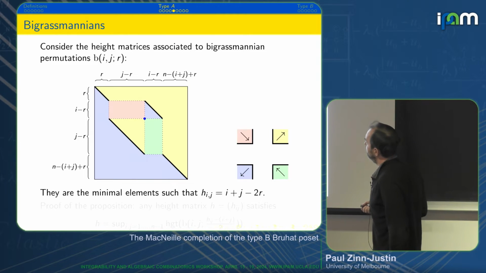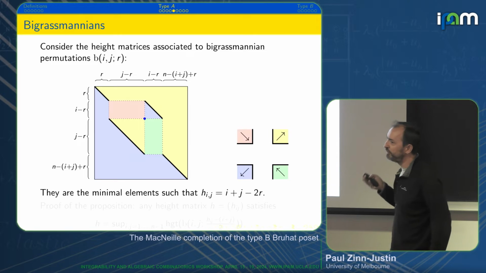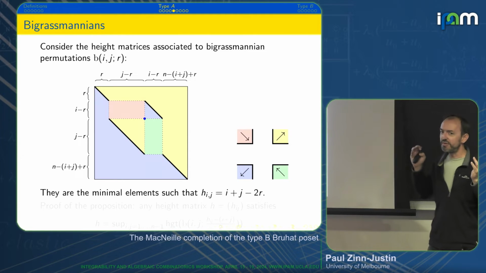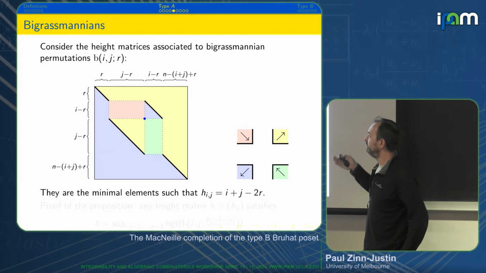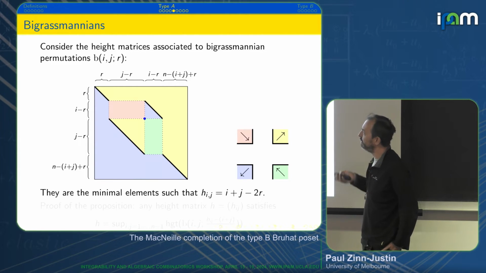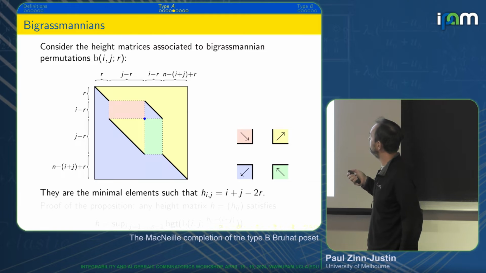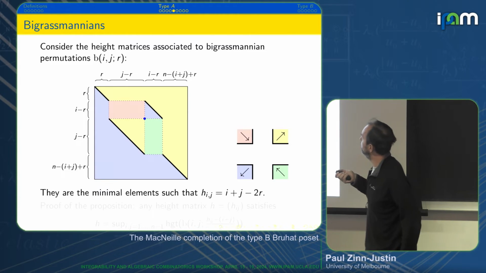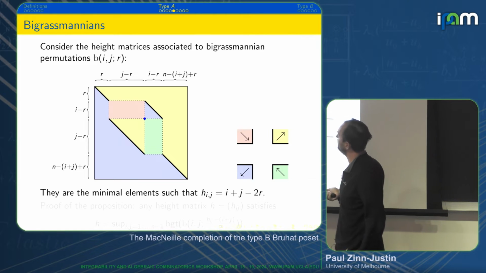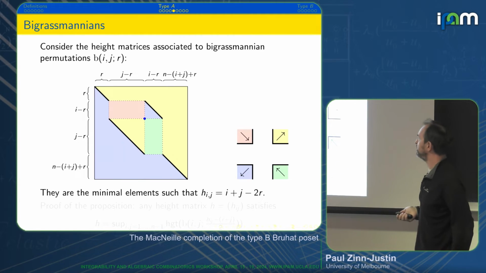And the way that Lascoux and Schützenberger do that, that's the notion of a base or basis, I'm not sure what the English word is, of a poset. You don't need every permutation matrix to do that. You only need a subset, which are these bi-Grassmannian permutations. And so you're going to use this subset of permutations, the bi-Grassmannian permutations, to build every height function this way.